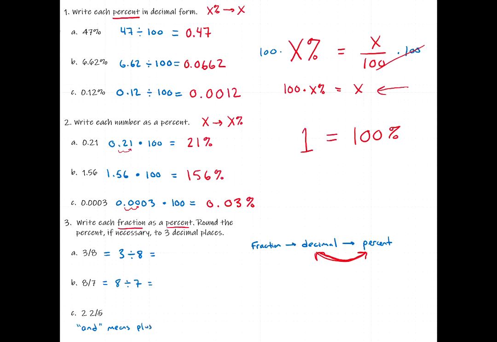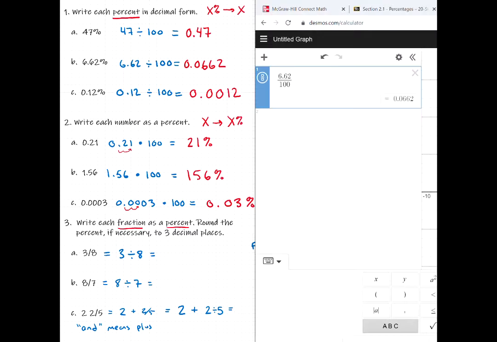So 2 and 2/5 is the same as saying 2 plus 2/5, and to convert that fraction to a decimal, 2 divided by 5. Okay, so we'll convert these to decimals, and I'll use Desmos, of course. I always use Desmos for these calculations.